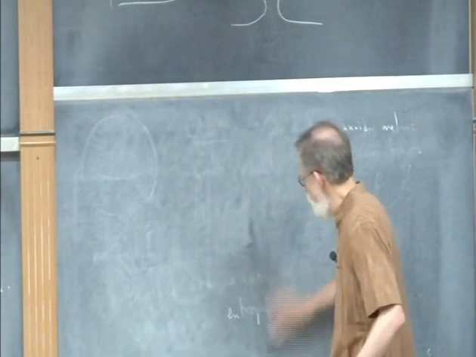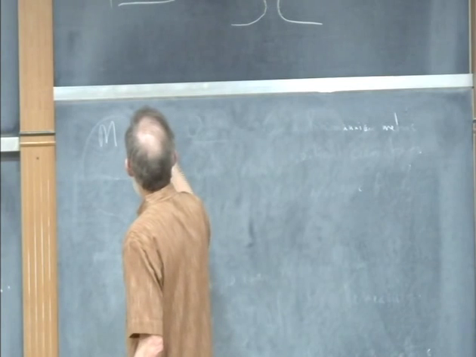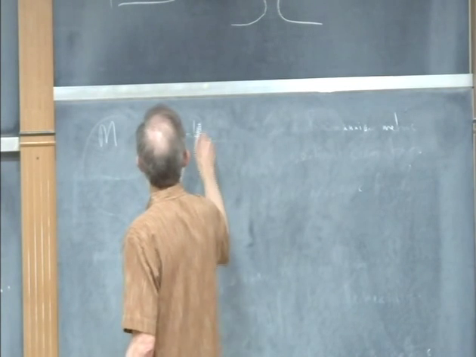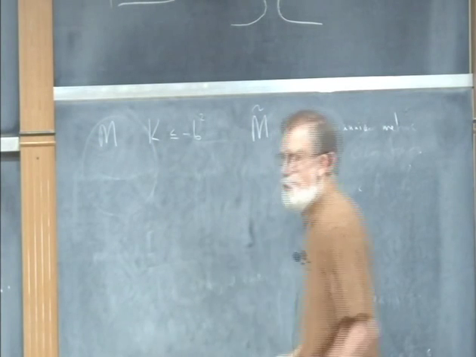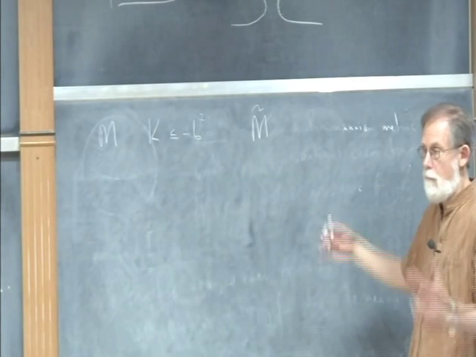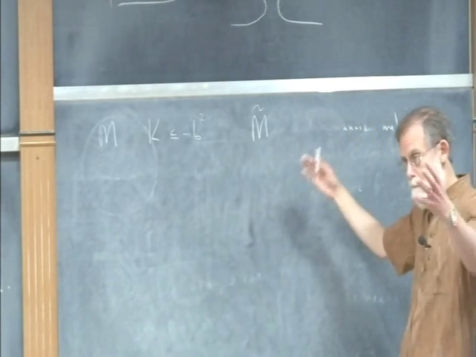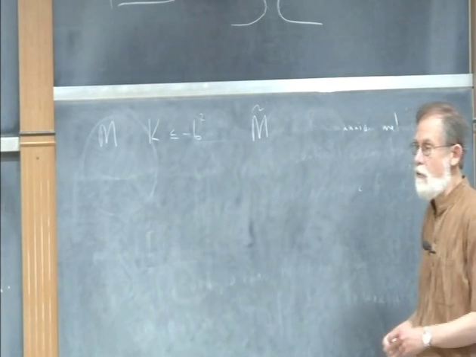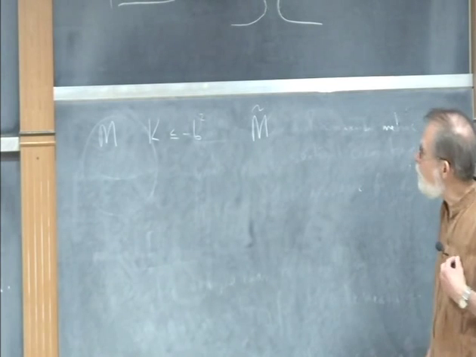If I just know that I have sectional curvatures equal to minus b squared, and now I want to look at the universal cover. By the Cartan-Hadamard theorem, it's diffeomorphic to R^n. The exponential map is a diffeomorphism.